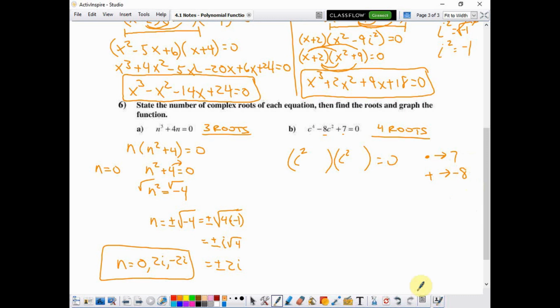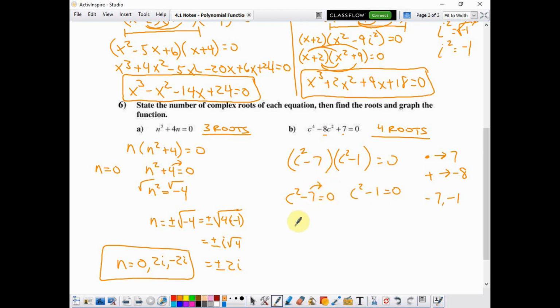So those numbers would be -7 and -1. -7 times -1 is 7. -7 plus -1 is -8. So I'm going to set this equal to 0 and set this equal to 0. C squared minus 7 equals 0. C squared minus 1 equals 0.